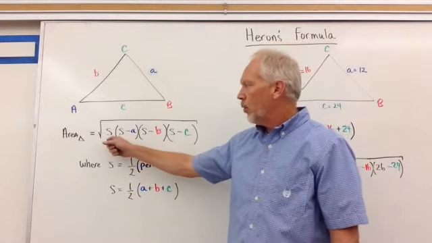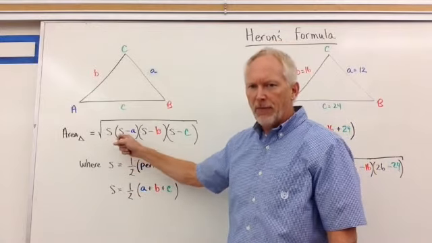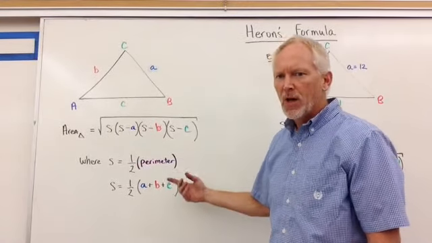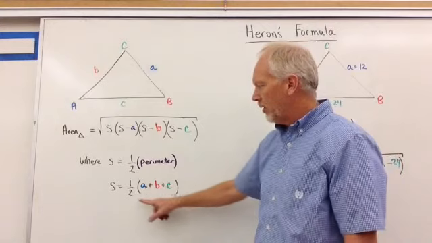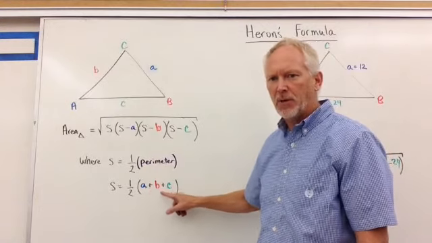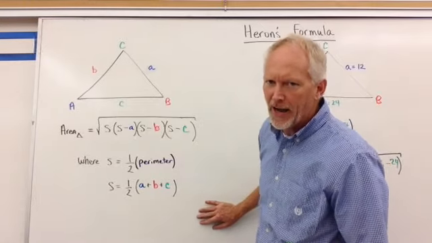So it's taking half the perimeter times half the perimeter minus each side, and multiplying all those pieces together. The perimeter is the sum of the side lengths, A plus B plus C, and half of that is our S.